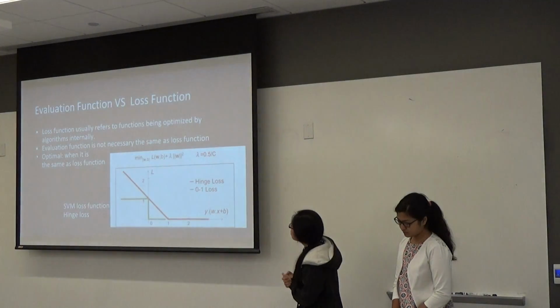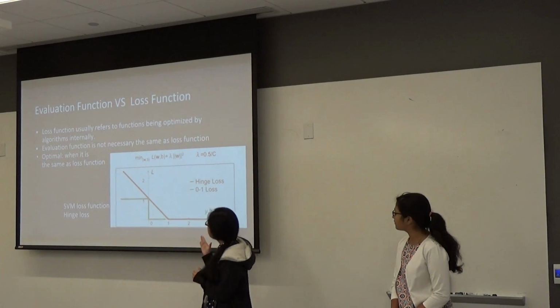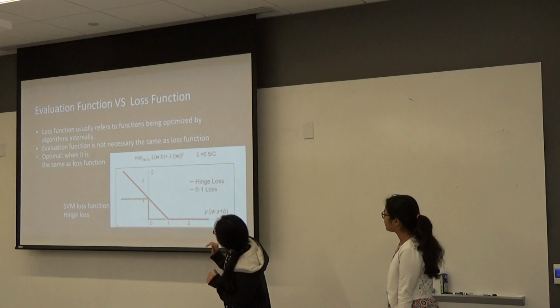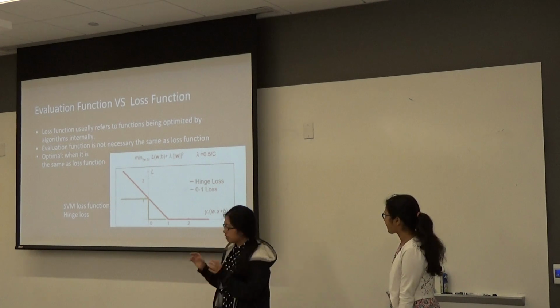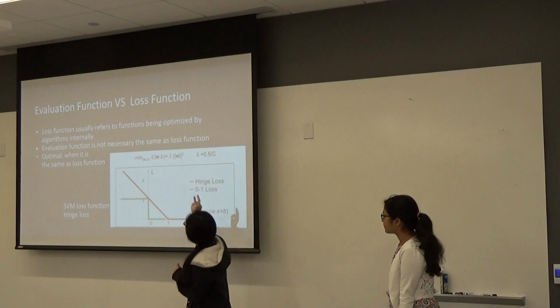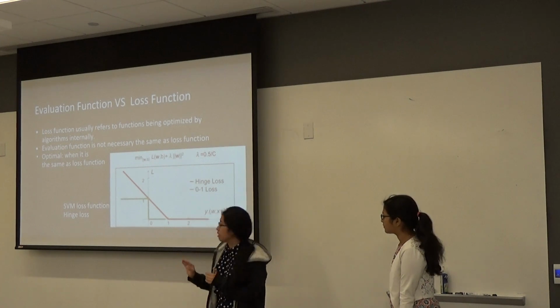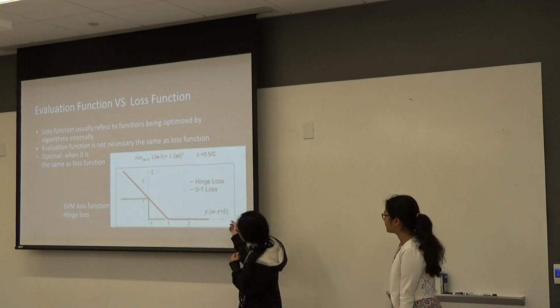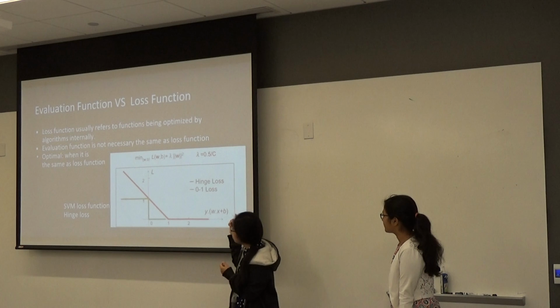And I just want to mention, we also heard about loss function. Loss function usually refers to the function which is being optimized internally by the classifiers. So they are not always the same. They can be the same, sometimes they are not. For example, for the SVM, the loss function is this red line, called the hinge loss.